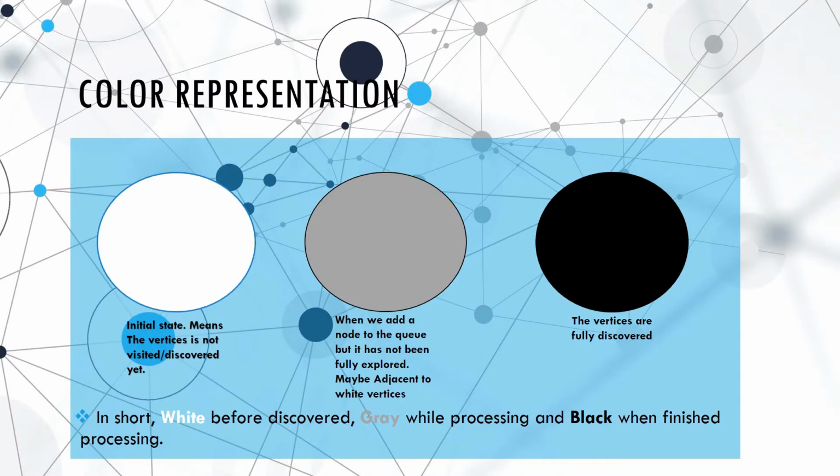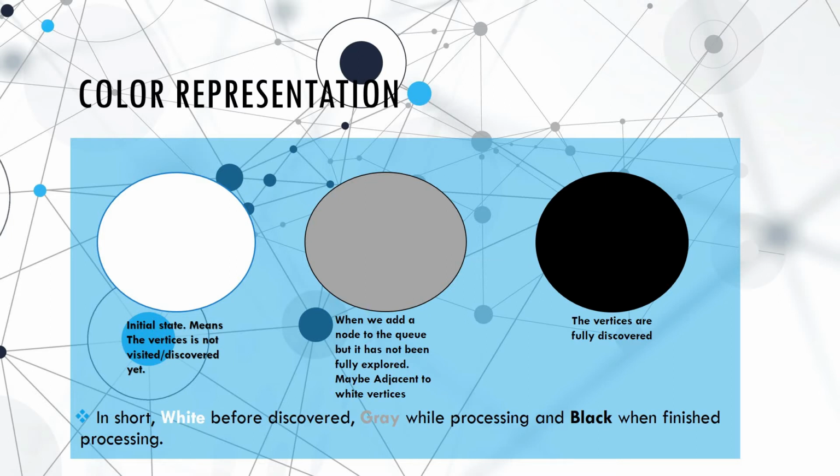Color representation. While doing this DFS algorithm, we need to understand the color scheme that is going to be used here. First of all, the initial state is the white color. This represents the initial state where we will start the algorithm, and before that it will remain white.